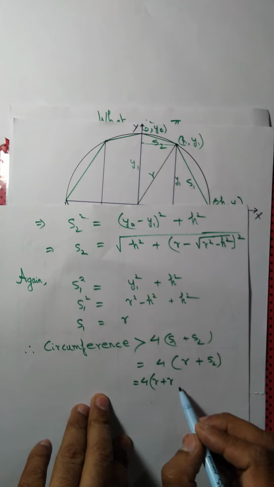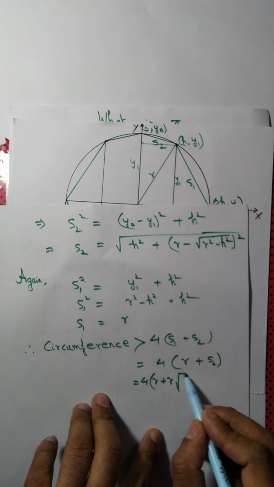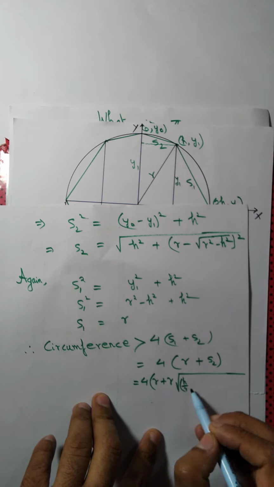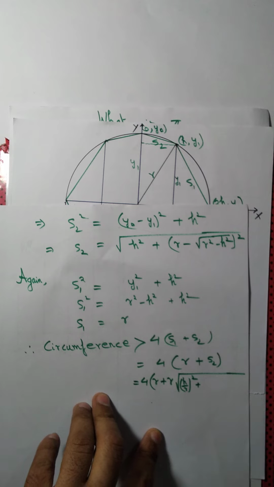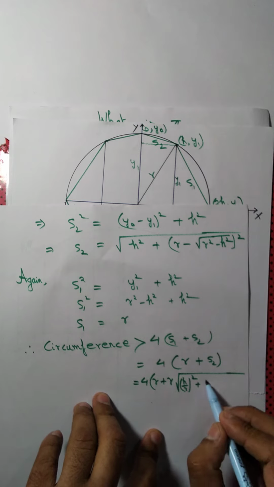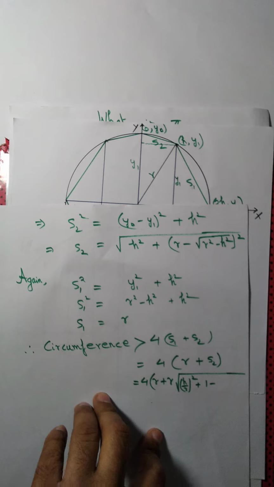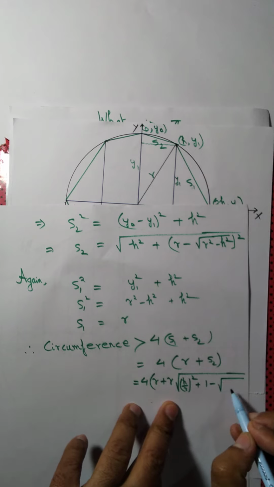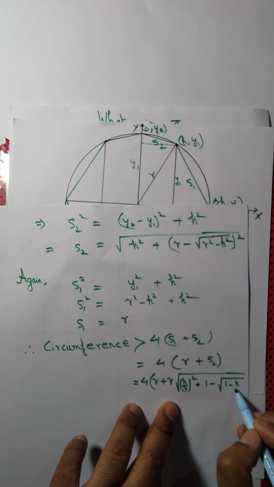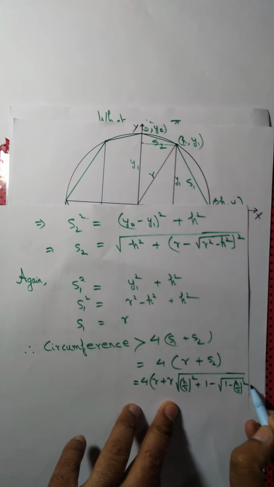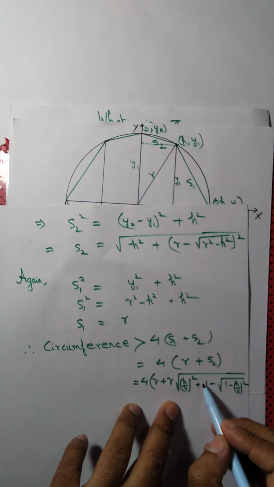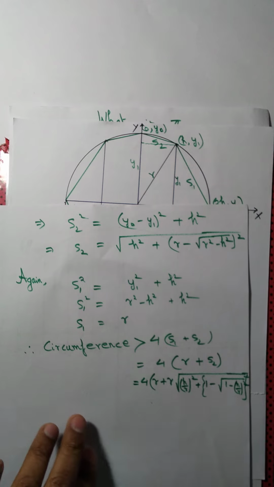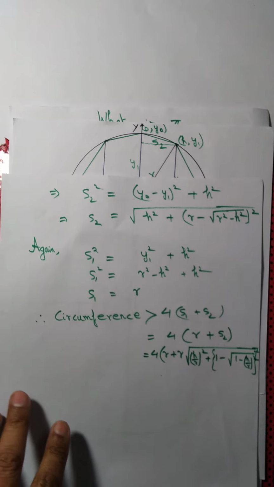R into, from the square root, if you take out R, you'll have H by R whole square plus 1 minus root over 1 minus H by R whole square, whole thing square.